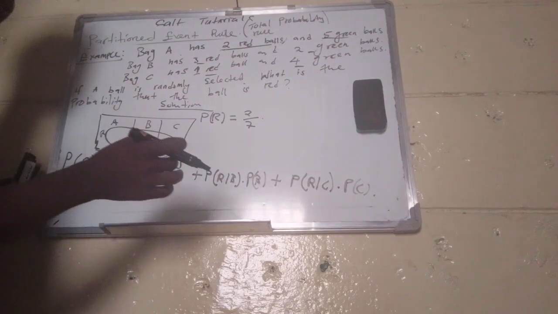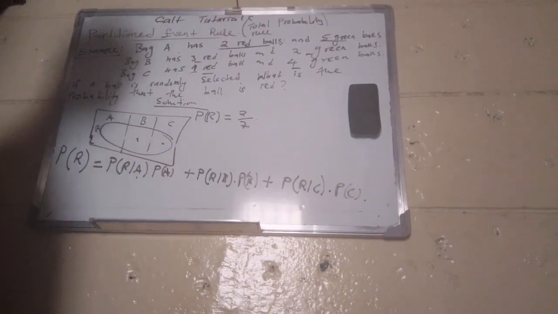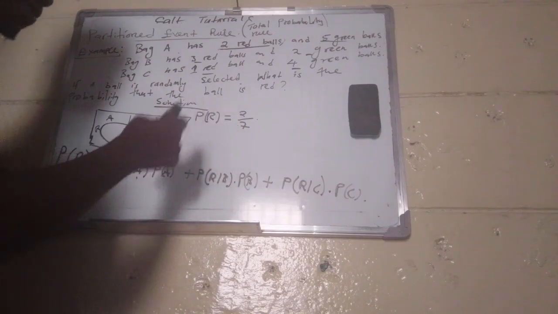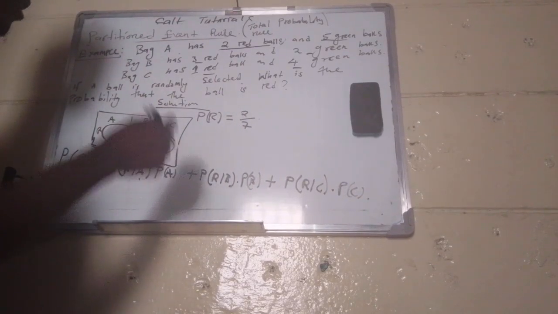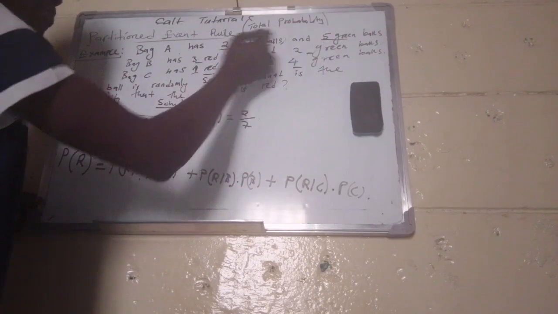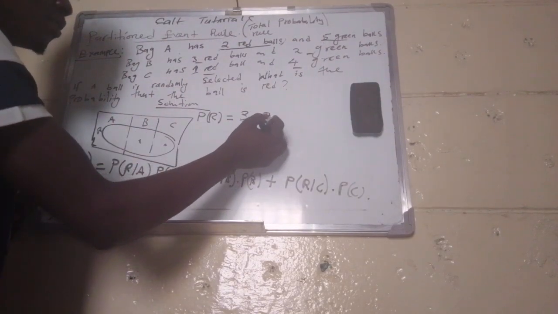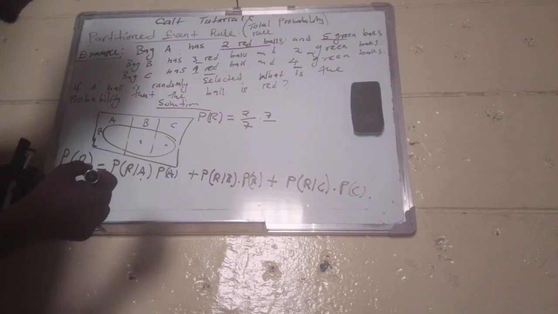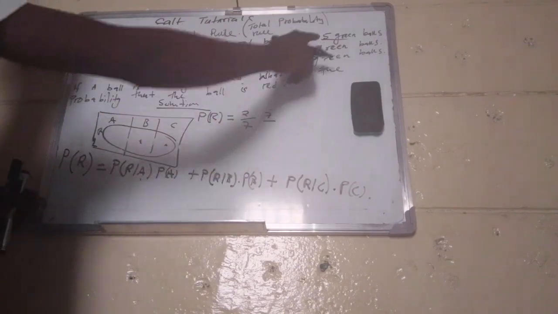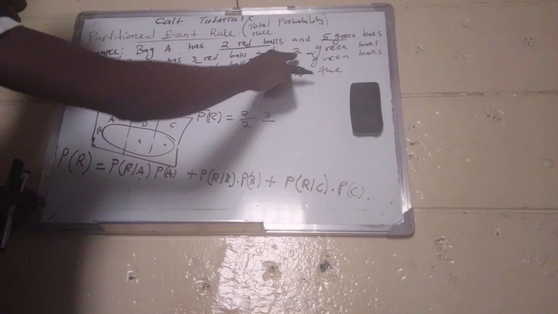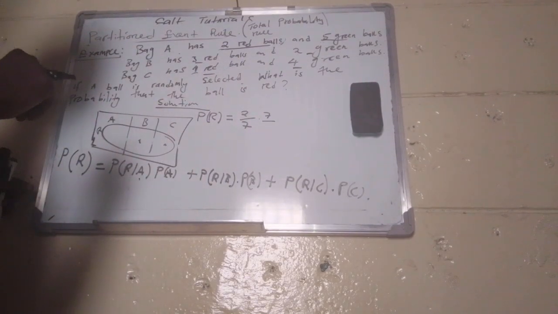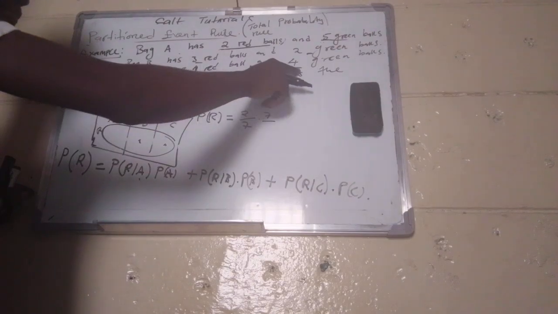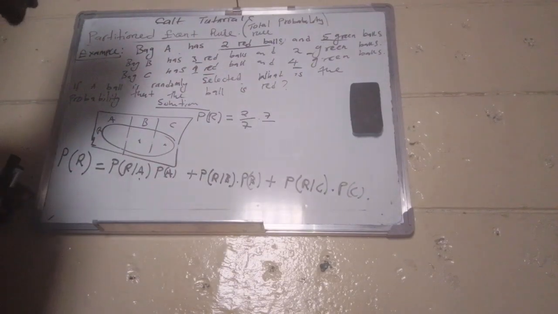Out of which total balls? So 2 over 7 multiplied by the probability of A. The probability of A is 5 plus 2, which is 7, over the total number of balls: 7 in the first bag, 5 in the second bag, which is 7 plus 5, that's 12. 12 plus 5, that's 17.